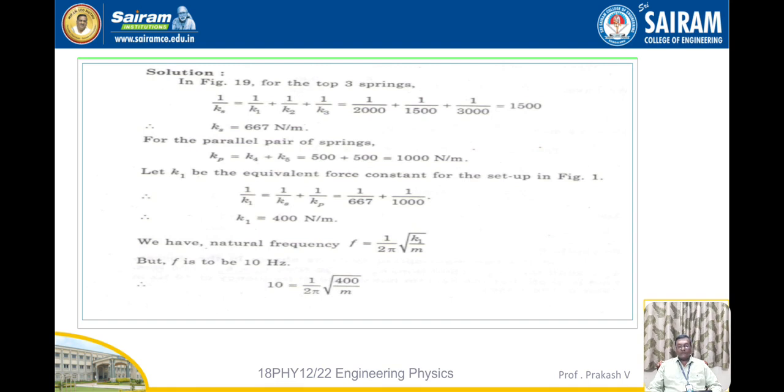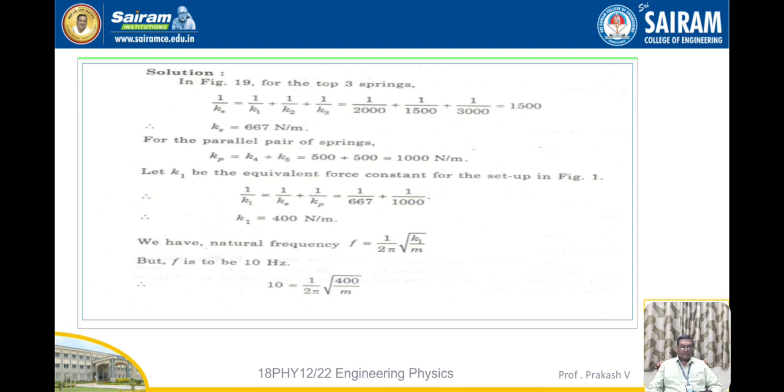Then after simplification you get 1 by Ks is equal to 1 by 1500, and hence the value of Ks is equal to 667 Newton per meter. For the parallel pair of springs, the value of Kp is equal to K4 plus K5, that is 500 plus 500, that is equal to 1000 Newton per meter.